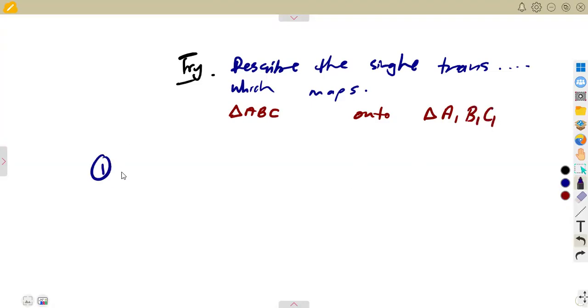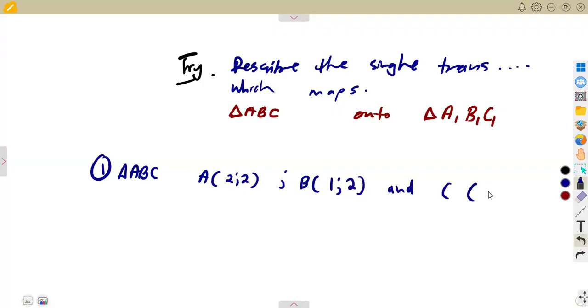So the first one, we have got triangle ABC with vertices A, 2, 2, B, 1, 2, and C given as 2, 3. So these are the vertices of the triangle ABC.